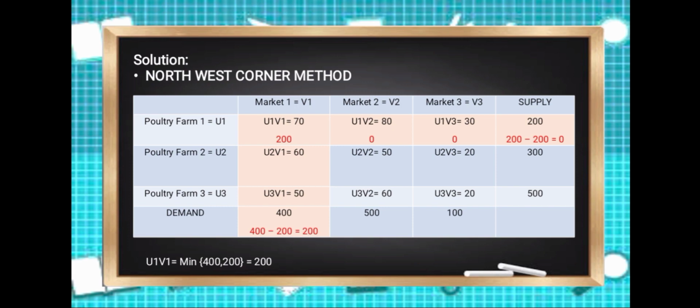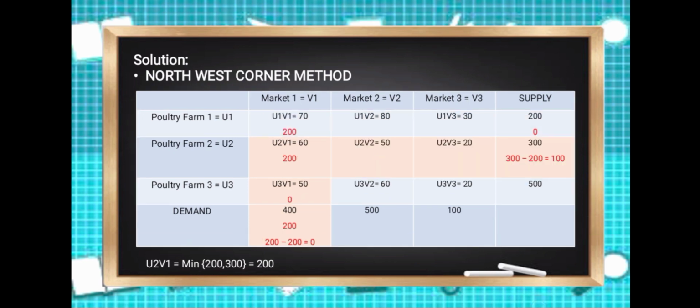Since row 1, our poultry farm 1, is 0 in supply, the rest in row 1 is 0. Now we will proceed to step 2. Since we still have the demand of 200 in column 1, we stay in column 1, which is U2 and V1, and proceed to row 2 since row 1 is 0.